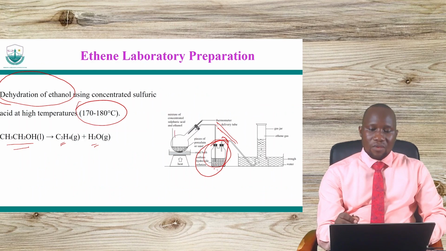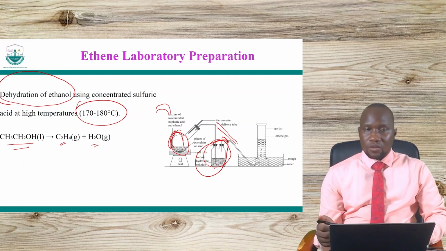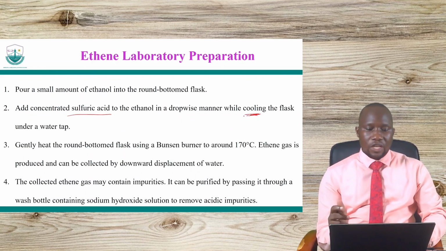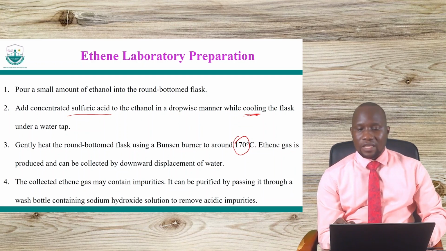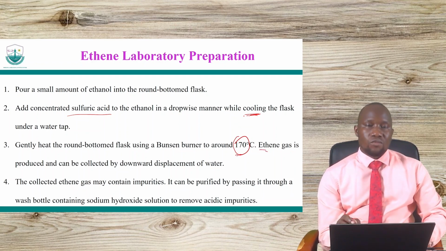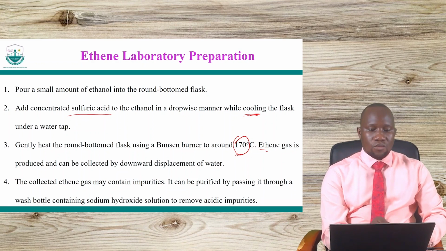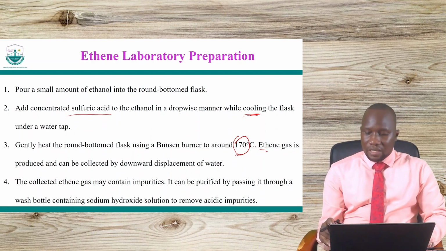Water can be flowing here from a tap to cool this, because the reaction is releasing heat. So you heat, the temperature has to be high, 170 to 180. The gas will be collected over water, by what you call downward displacement of water. Passing it through a wash bottle of sodium hydroxide removes any acidic impurities.